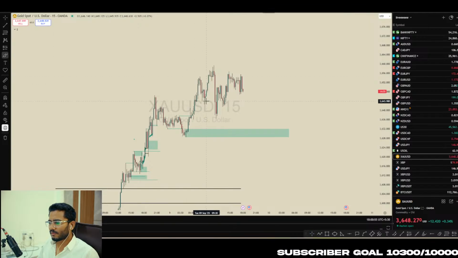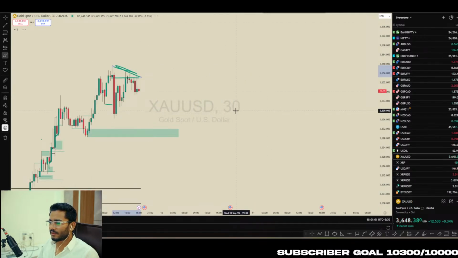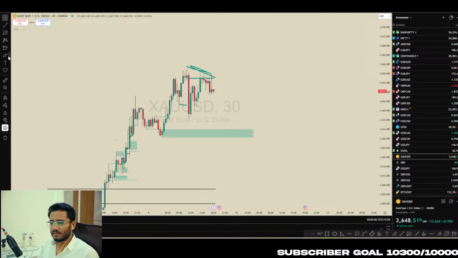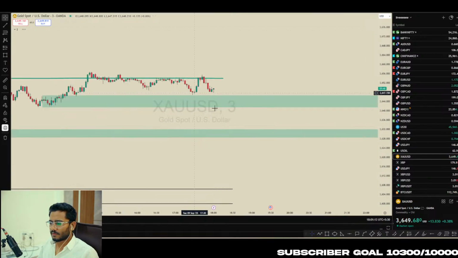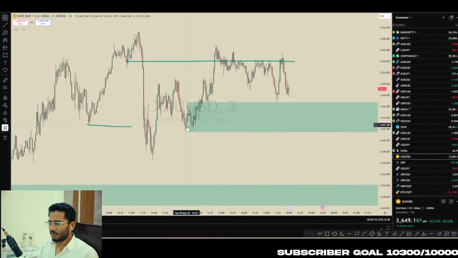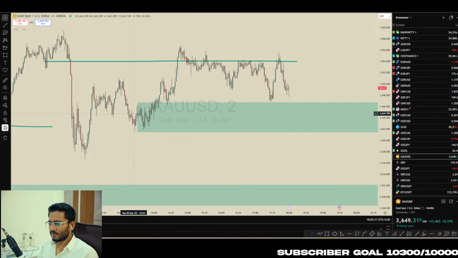On gold, I am looking for buy side from this area. Right now, price broke the structure, it created liquidity. There is a trend line liquidity, but we don't have any imbalance in the price. Here we have this imbalance, this one. But if you look at this 30-minute candle, then it flipped and swept the liquidity. If we try to refine this order block, then there is nothing over here.